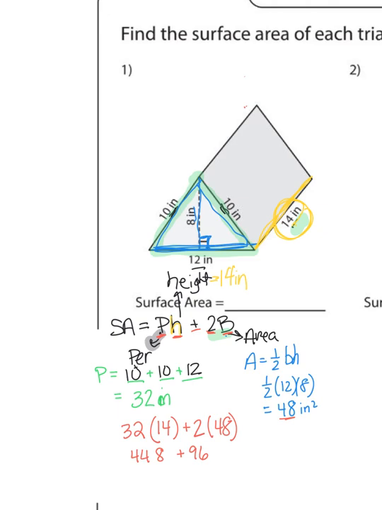So I have 32 times 14 is 448, and 2 times 48 is 96. So add those together and I get 544 inches squared. So that would be how you would use the formula. So that's another option in finding surface area.